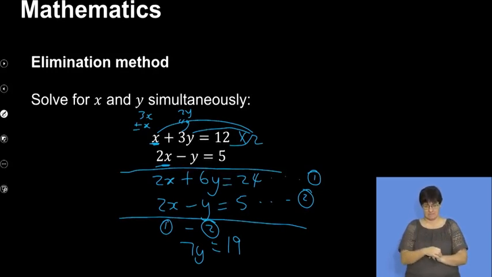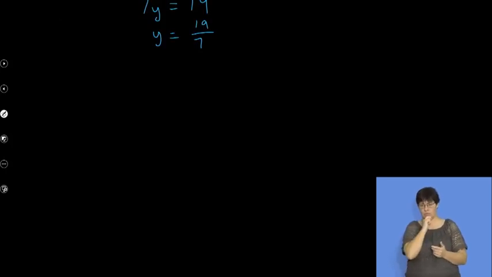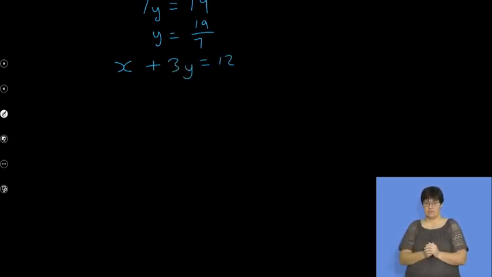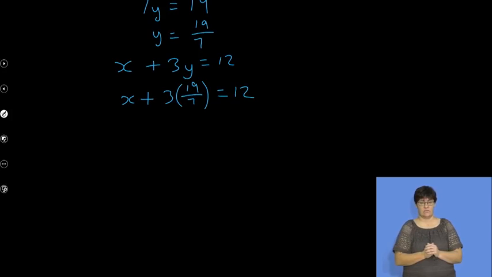So I can choose either of the two original equations, right? I will take the first one, which is x plus, I think it was 3y equals 12. You substitute that y there, so it's x plus 3 times 19 over 7 equals 12, and then you solve, right?